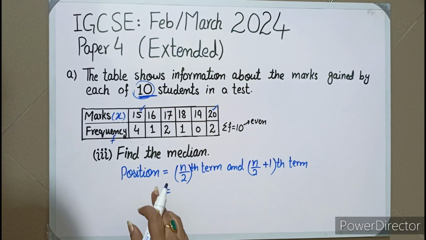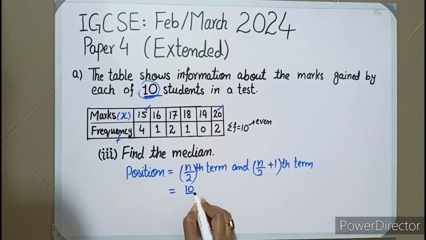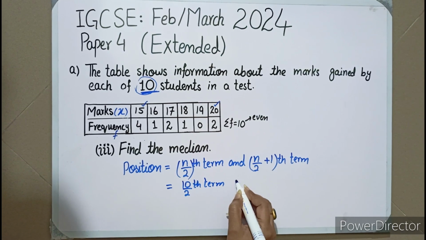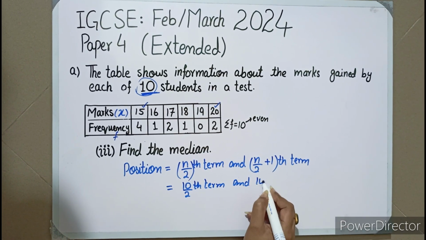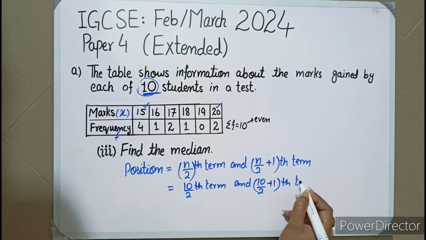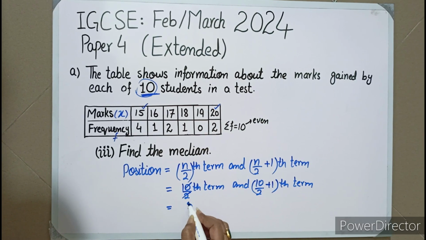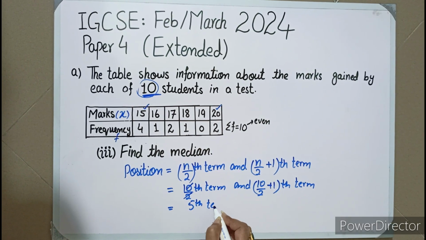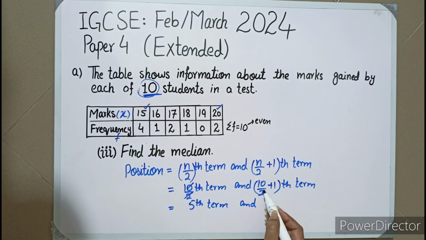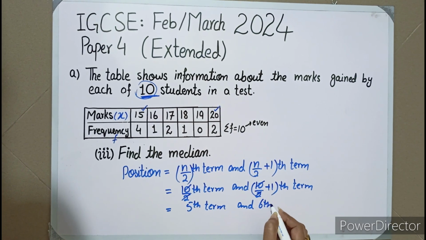Since we know that the total number of observations is 10, it is the 10 by 2th term and the 10 by 2 plus 1th term. 10 by 2 means this is the 5th term, and if you see over here, this is 5 plus 1, the 6th term.